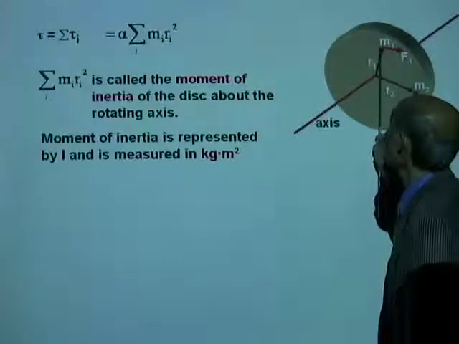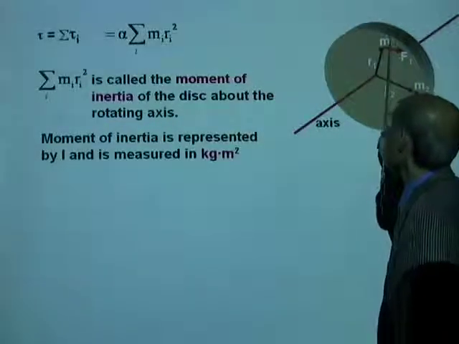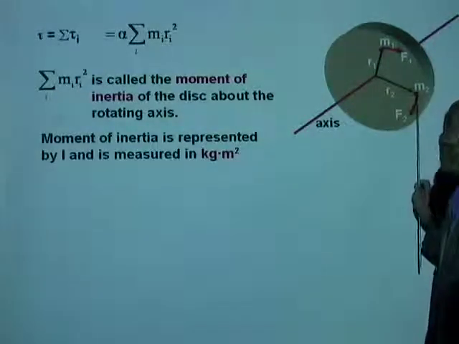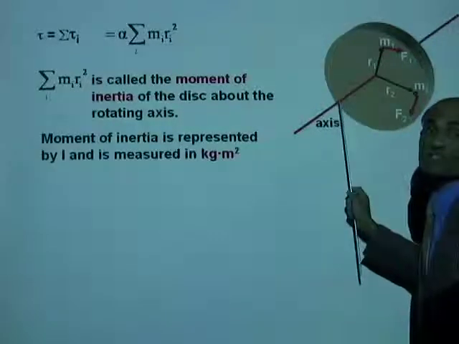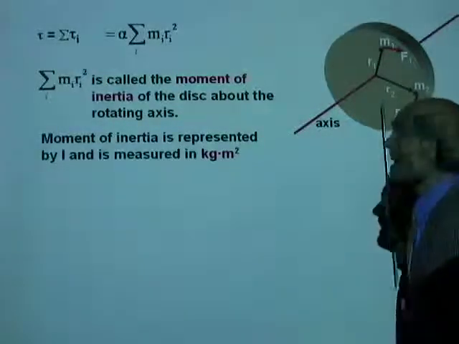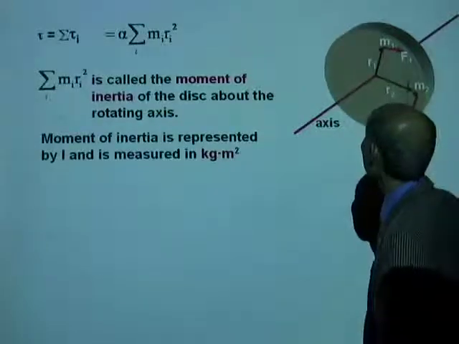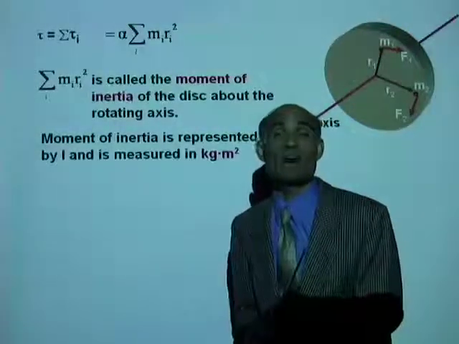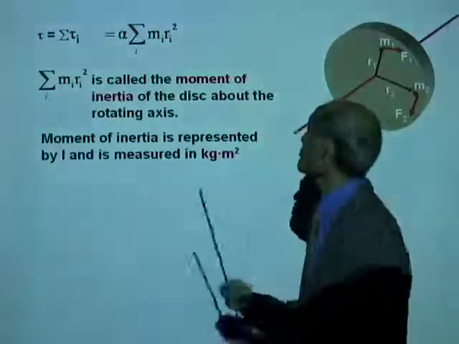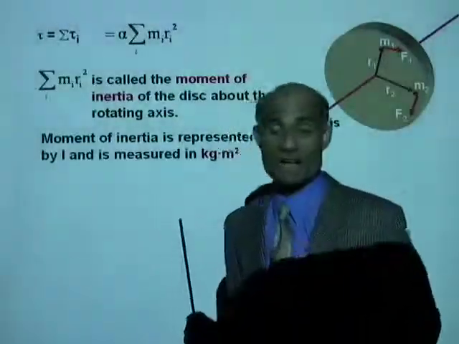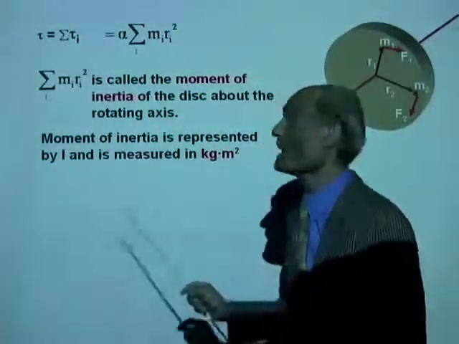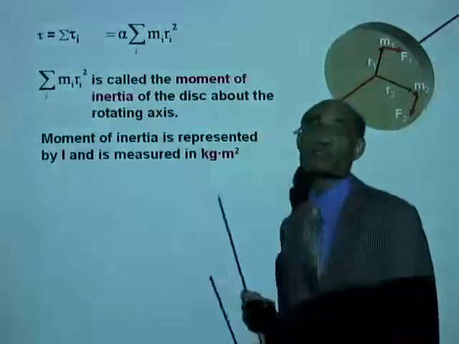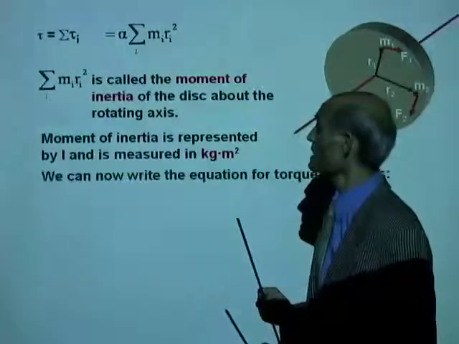It is m1 r1 squared. The moment of inertia of this particle about that axis is m2 r2 squared. And add the moment of inertia of all such particles. That is what we call this: summation i mi ri squared is the moment of inertia of the disk about its axis of rotation, and kilogram meter squared is its unit.